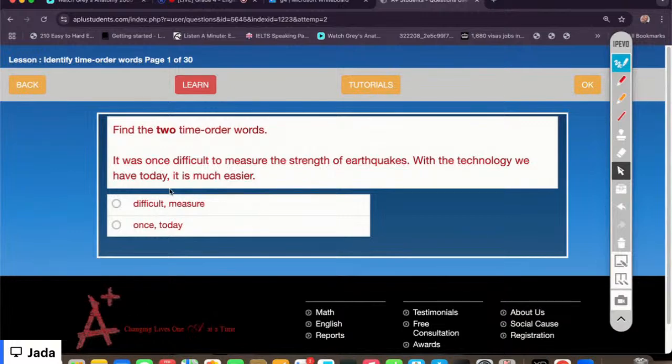Alright, so moving on to the test, you can share your answers with me, okay? So find the two time order words here. It was once difficult to measure the strength of earthquakes. With the technology we have today, it is much easier. So what are the two time order words here?